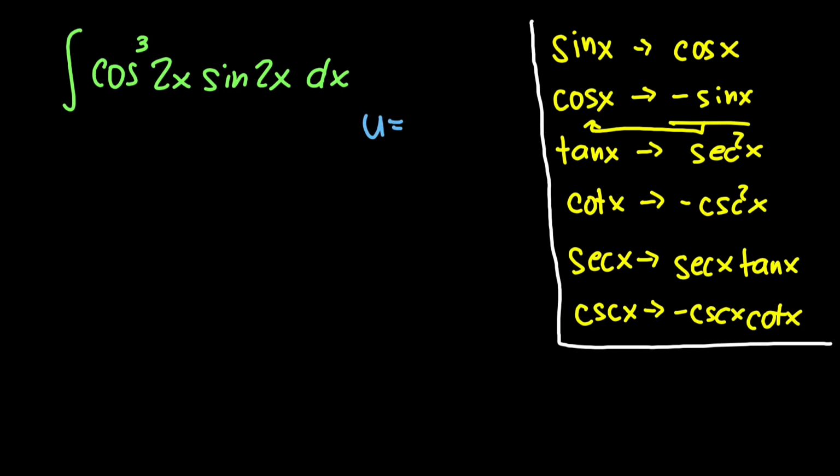Let's try this. So u should be cosine of 2x. Taking the derivative of cosine, let's start first with the outside.